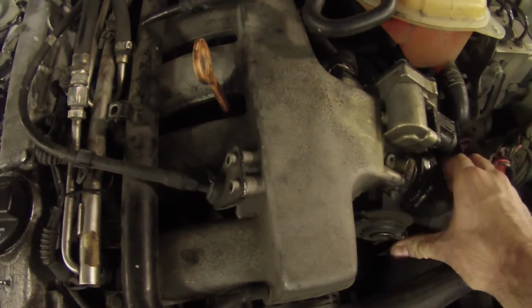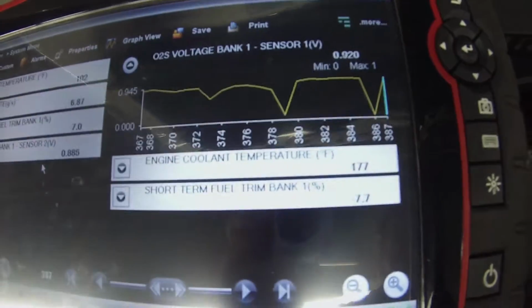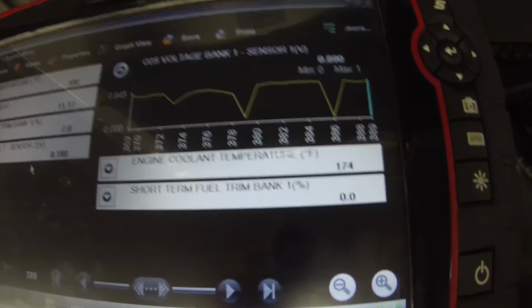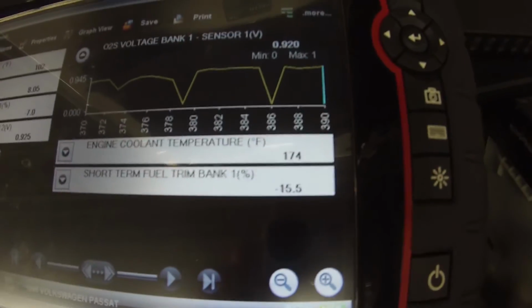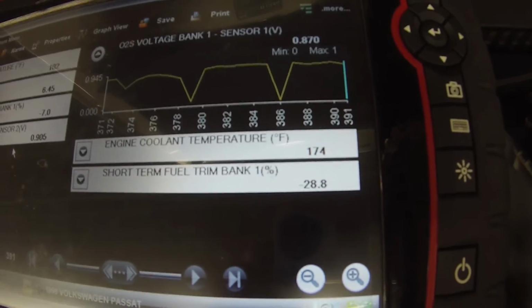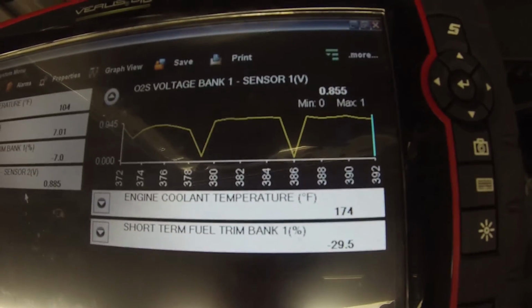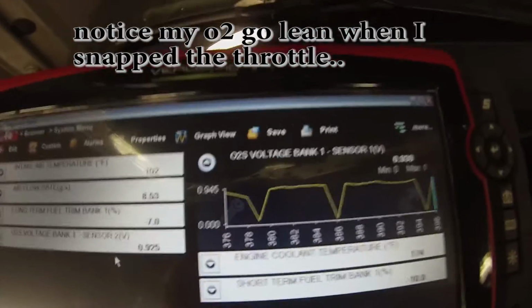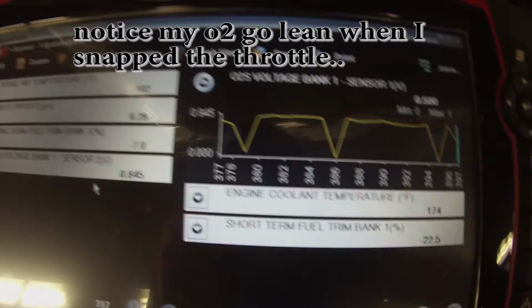Let me give this thing a few revs. Sounds a little slow, does a little bit of hesitation, but it was worse before.